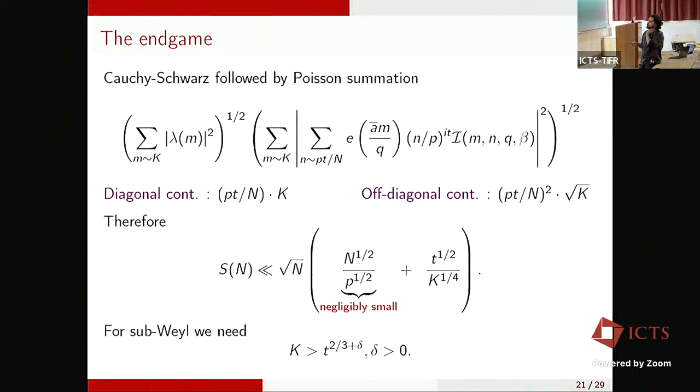You take square root of n outside. This diagonal contribution is now square root of n by square root of p, and we have the off diagonal contribution, which is the same as what we had earlier. Since p is in the denominator, we are free to choose p as large as possible. So this main diagonal really goes away.